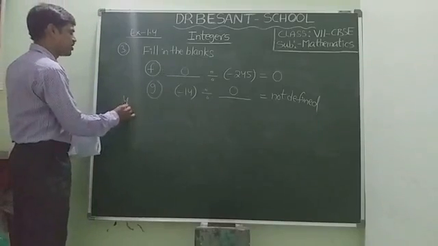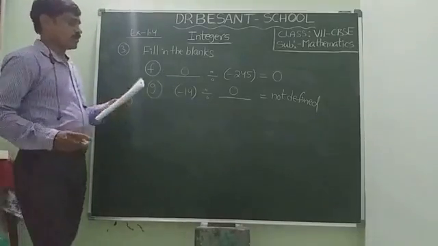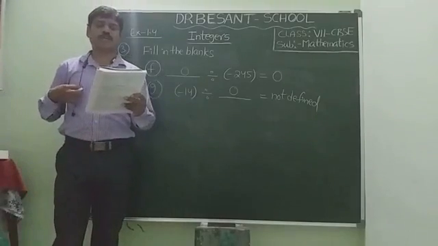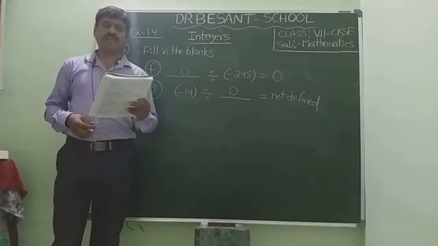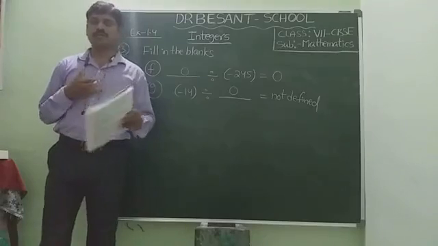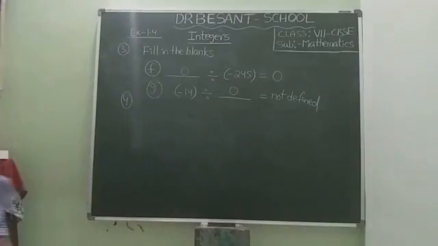Next come to fourth Roman. Fourth Roman, verify the associative property of multiplication of integers for the following values. Okay children, note down.